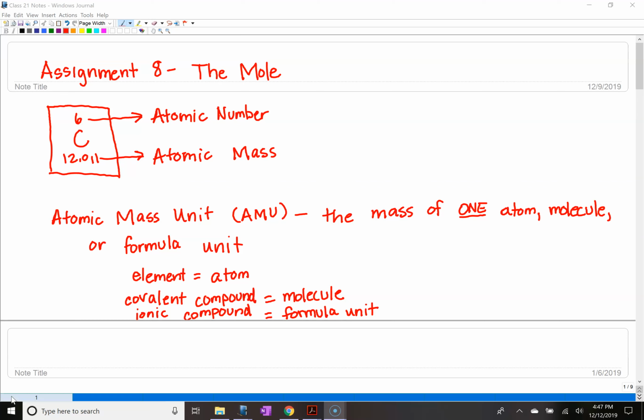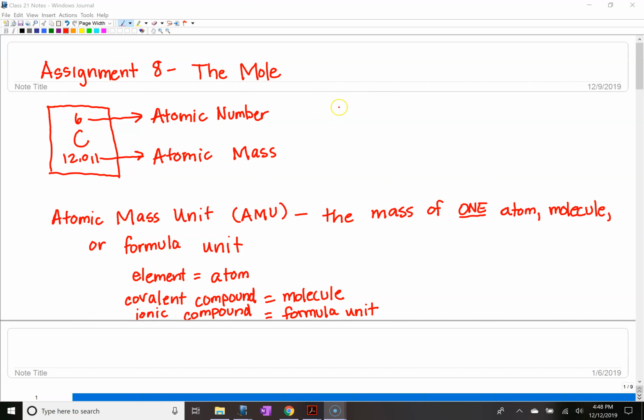And if I want to know the mass of one atom, one molecule, or one formula unit, then I would say I have a mass that's equal to the atomic mass in AMUs. And AMU stands for atomic mass unit. We said one AMU is equal to the mass of one proton or one neutron.